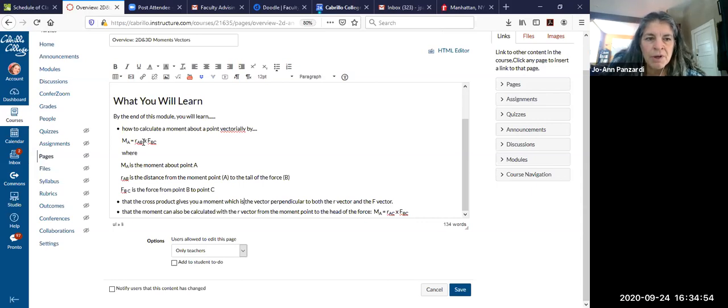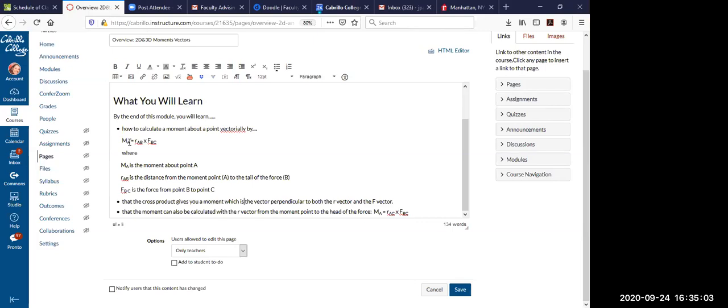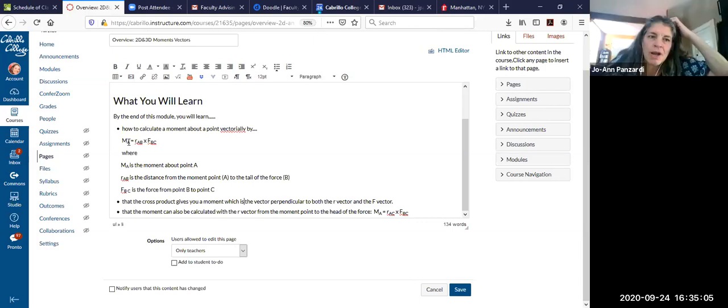Okay, I'm going to say it one more time. When I'm doing the cross product, I'm trying to find the moment about a point. The subscript of the moment is the point I'm trying to find the moment about. The subscripts of the force represent the tail to the head, so this force goes from B to C. And then my R vector goes from the point I'm finding the moment about to the tail of the force.